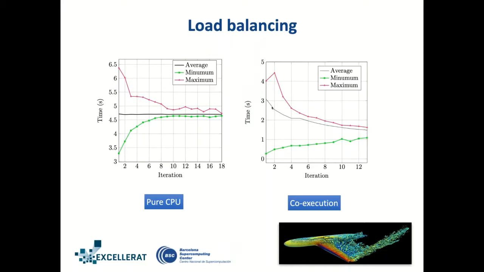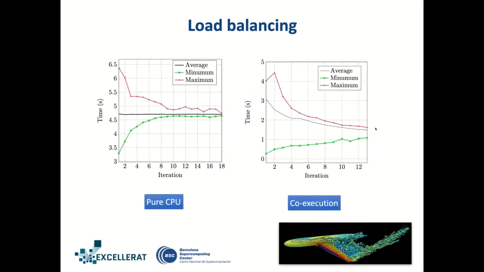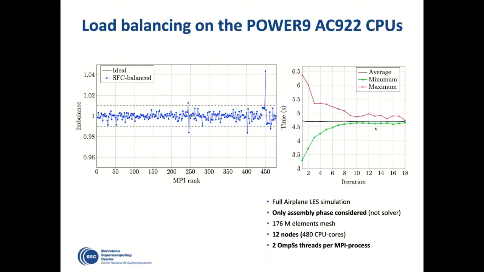The imbalance can be evaluated as the maximum time divided by the average time. In both cases we get this reduction of the imbalance. In the CPU case, particularly on the Power 9 systems, what we saw is that from a certain point here, this mesh repartitioning strategy makes no sense, because we are not getting better partitions.